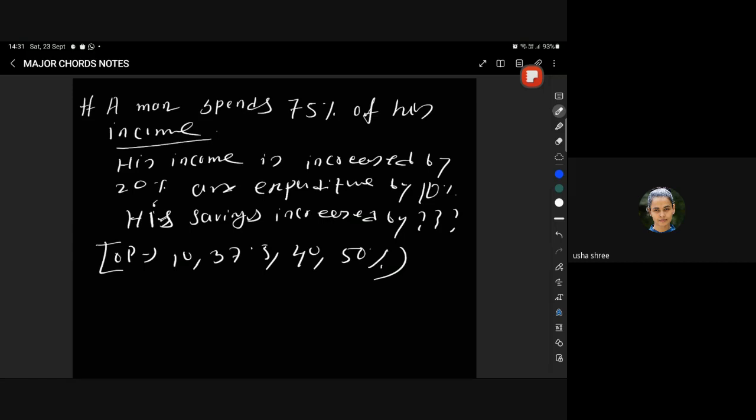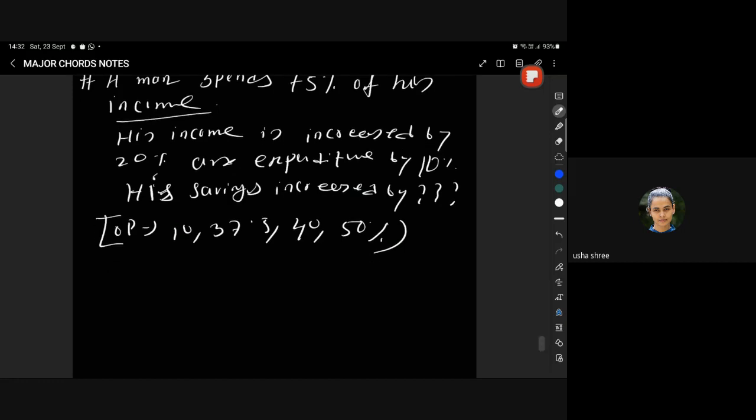Now his income is increased by 20% and expenditure by 10%. If his earning is 100 rupees, so his earning is 100 rupees.